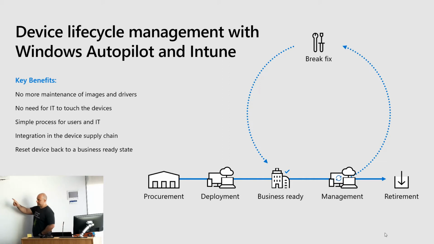Now, this piece, the fourth option there, integration in the device supply chain. What we'll effectively see in a lot of cases is even if we're buying models where the OEM doesn't necessarily support Autopilot for that model, somewhere through the supply chain, somebody is happy to charge you money for that. So how many of you are Microsoft partners? Anyone? Yeah. That's the kind of thing where it's part of the service: we'll crack the seal, harvest those IDs and send it through.